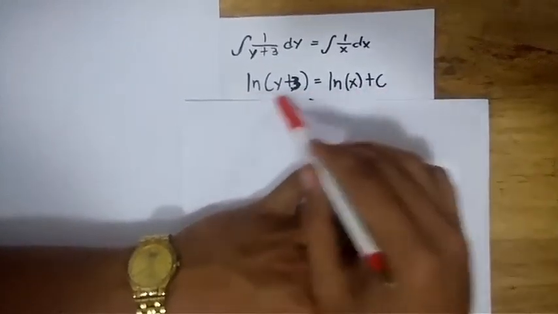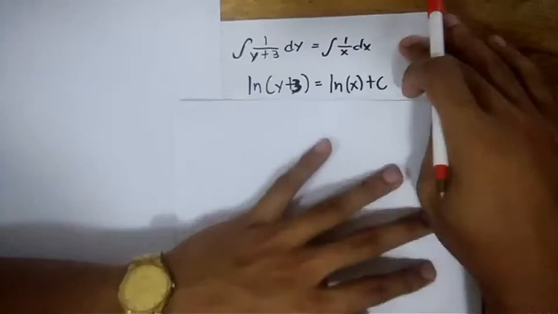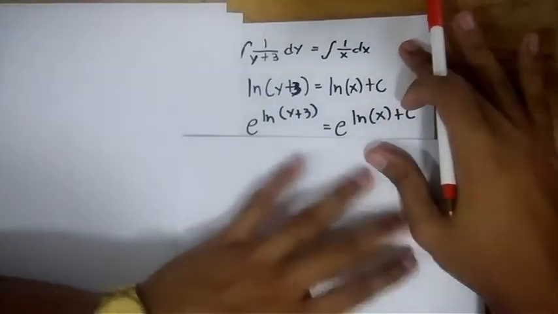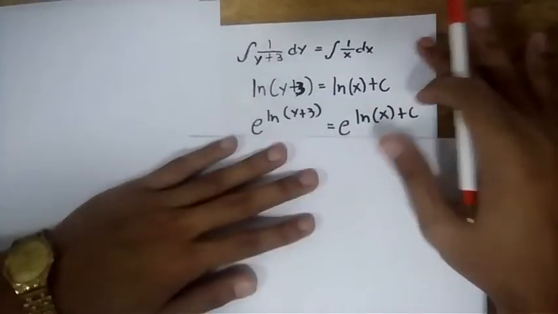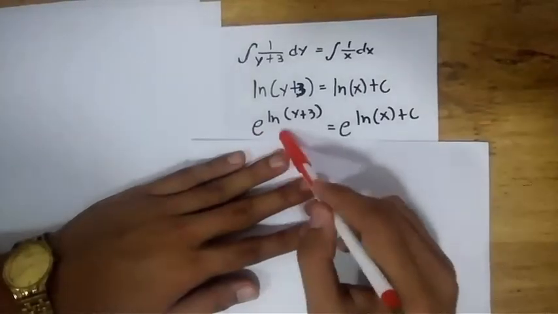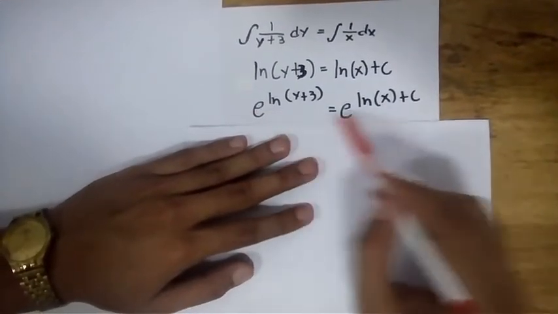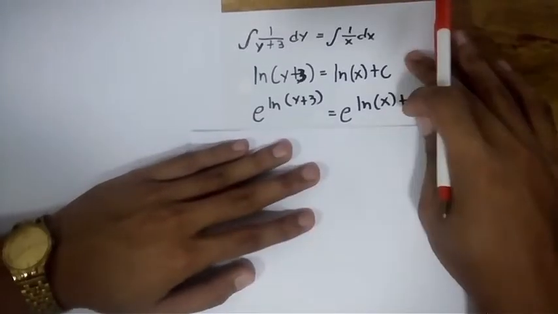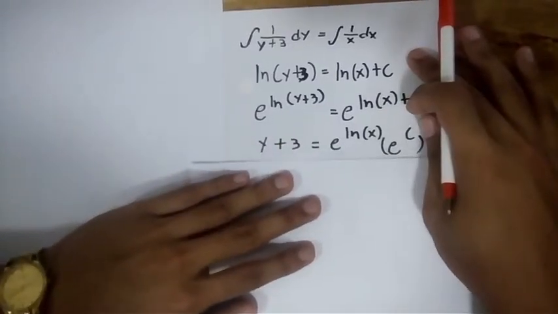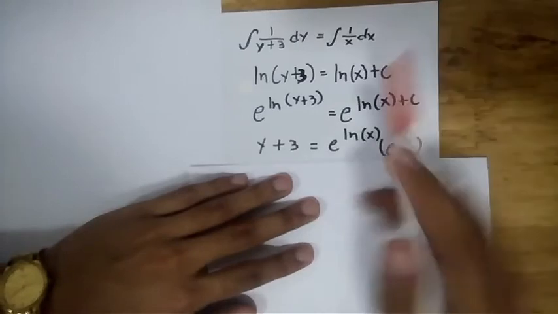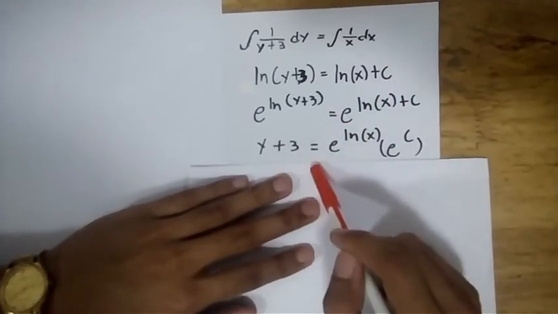So we can remove ln by using e raised to ln (y plus 3) equals e raised to ln x plus c. So we can cancel due to the laws of logarithms. We can remove the ln.